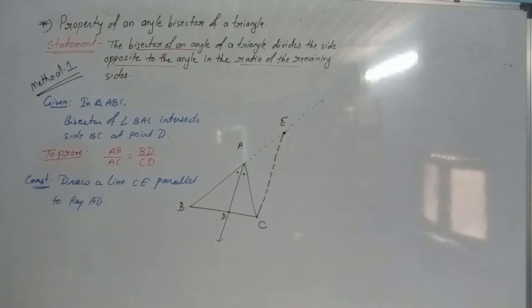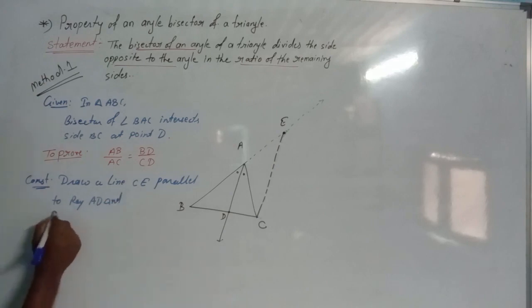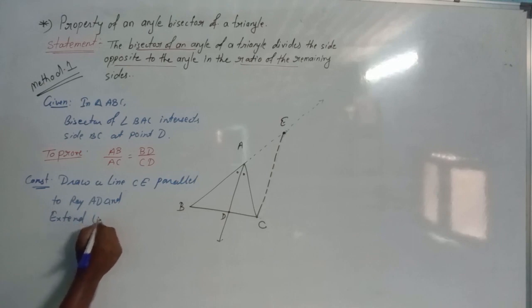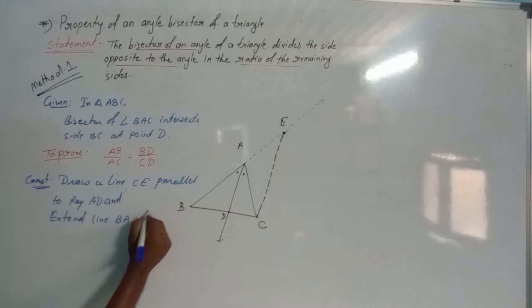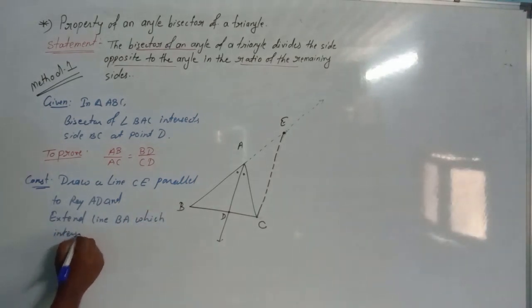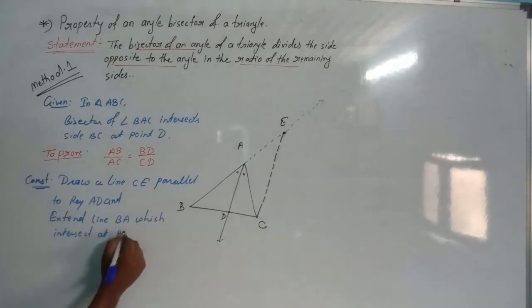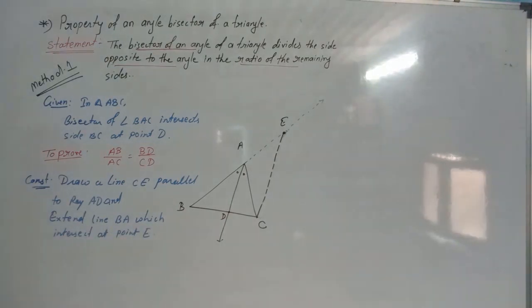Extend AC and extend line BA which intersect at point E. Correct? Now proof.